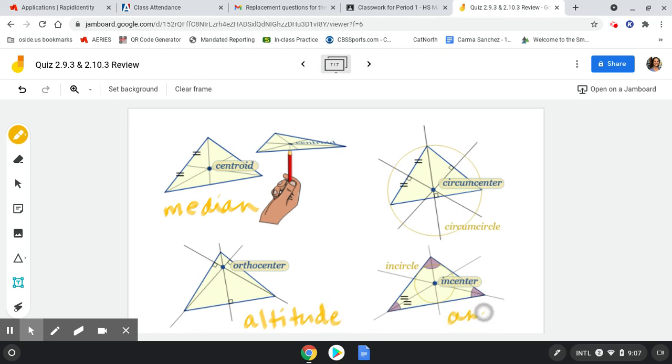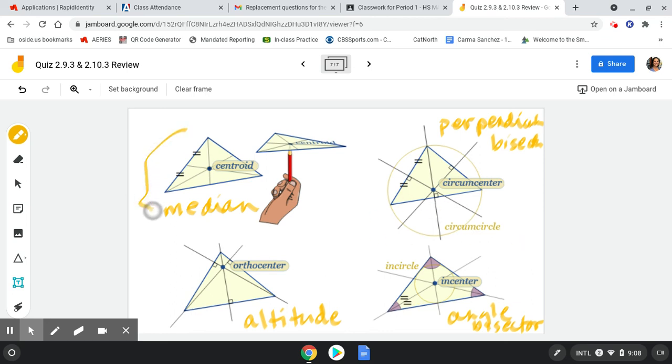Notice here your angle bisector that has its incenter. And notice here your perpendicular bisector that has the circumcenter. Notice that all of these come through a vertex except the perpendicular bisector.